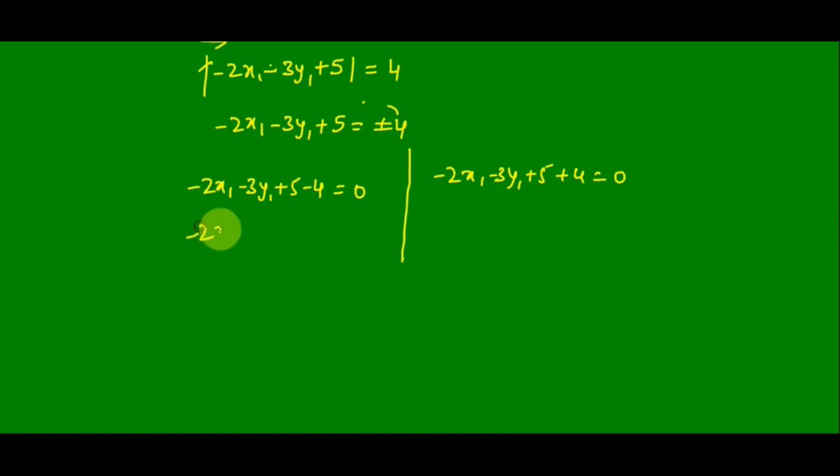If I simplify this, -2x1 - 3y1 + 5 - 4 is plus 1, equal to 0.